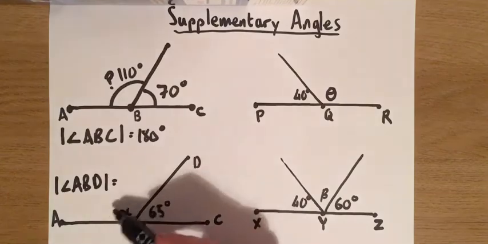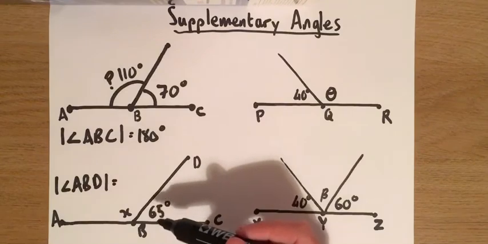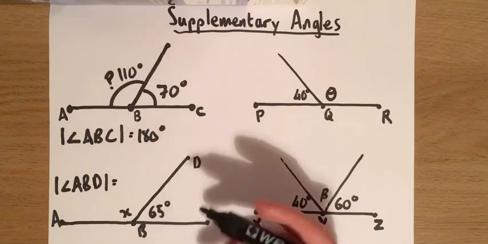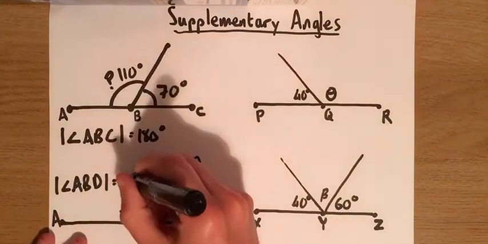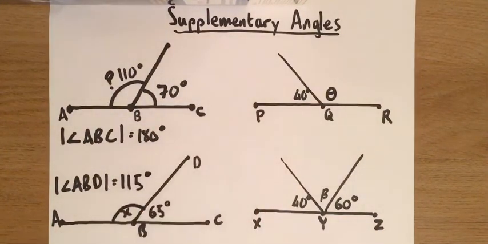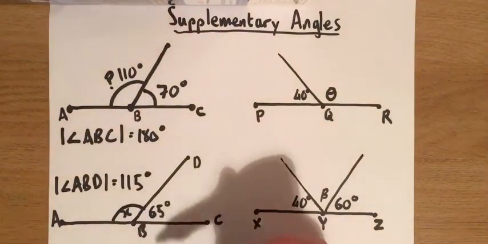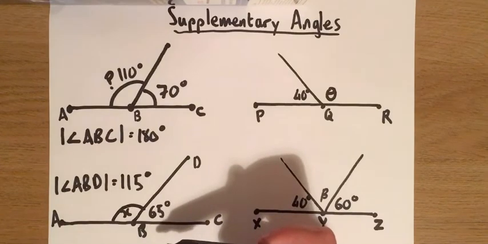So how big is that angle? Well, the entire thing there is 180. So 180 take away 65 is 115 degrees. So this angle here, X, is 115 degrees, and we know that because X and the 65 are supplementary.